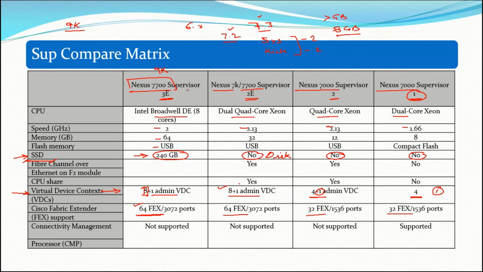So now they are not going to use supervisor engine 1 anyhow. Whichever customer is using it, and Cisco identifies that this customer is having supervisor engine 1, they immediately stop their support and recommend going ahead to upgrade their supervisor engine. Any questions here?